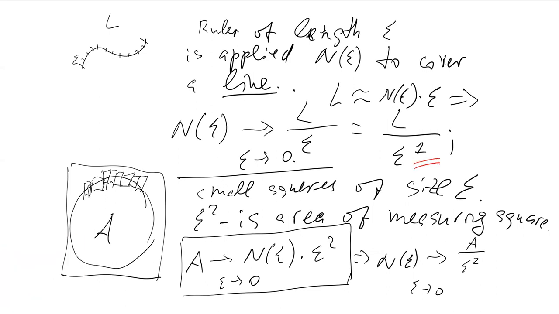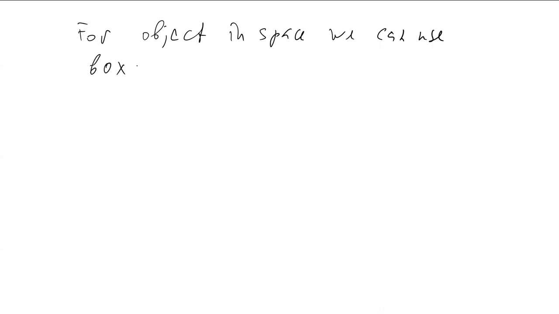Similarly for a three-dimensional object, for an object in space, we can use boxes of size, say, epsilon.